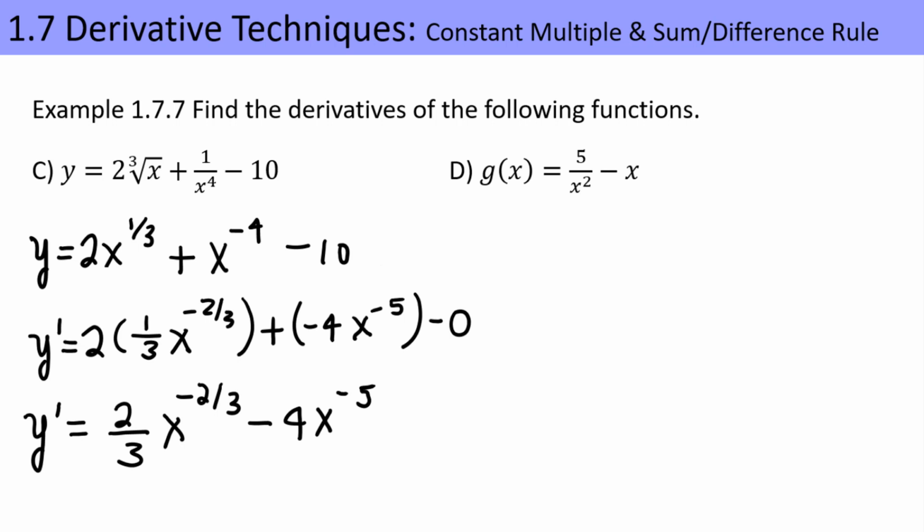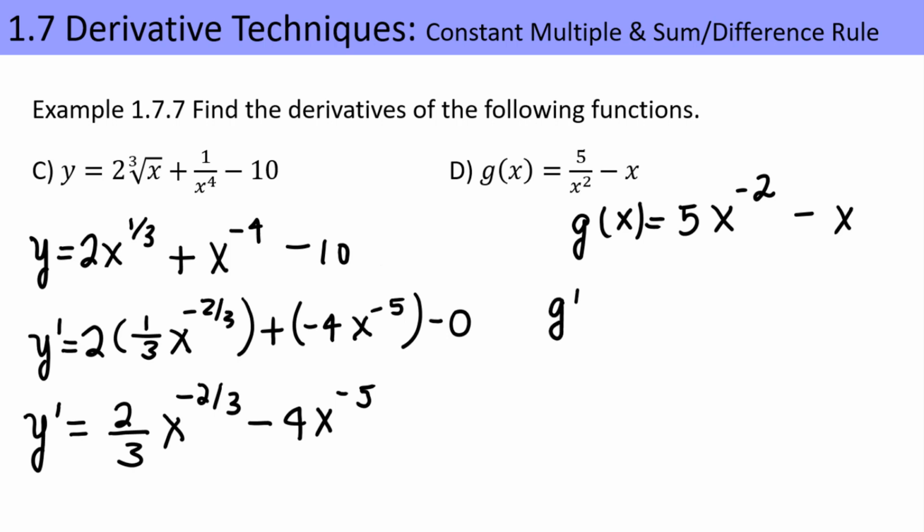Let's do part D. G of x equals 5 over x squared minus x. Let's rewrite the 5 over x squared so that the x squared is in the numerator using rules of exponents. We can write this as g of x equals 5 times x to the negative 2 minus x. Now let's use the rules for differentiation.